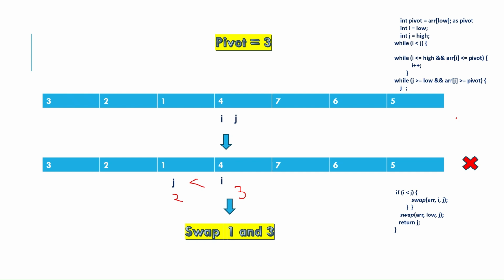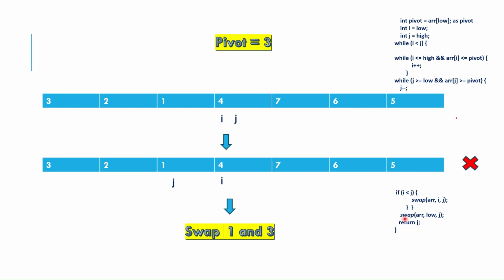So at this case i is not less than j, but now what we'll do is swap array of low and array of j and return j. Now I'll explain what exactly this swap of array of low and j, and return j, means. Let me erase this as well.